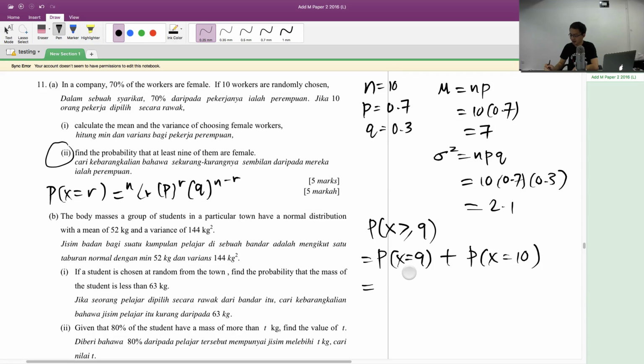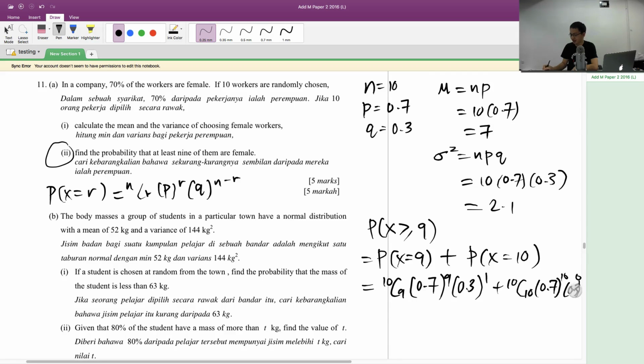In this case n is 10, so 10C9, and my p is 0.7, power of 9, and 0.3, power of 1. And then plus 10C10, 0.7 power of 10, and 0.3 power of 0.